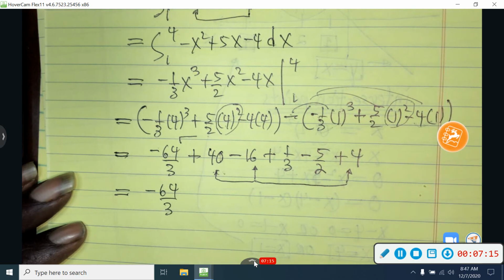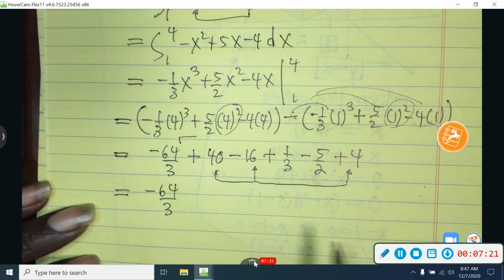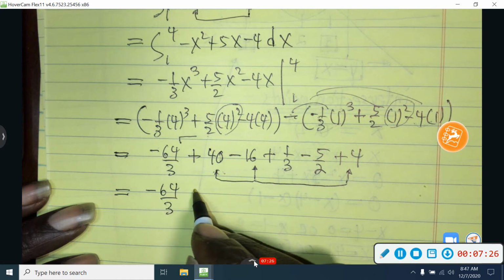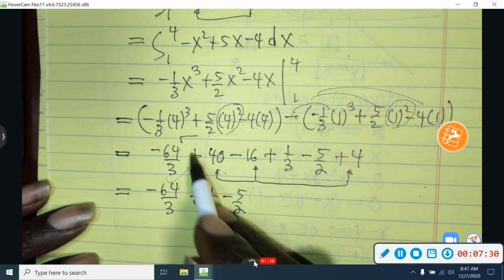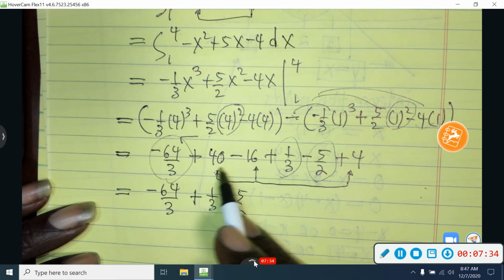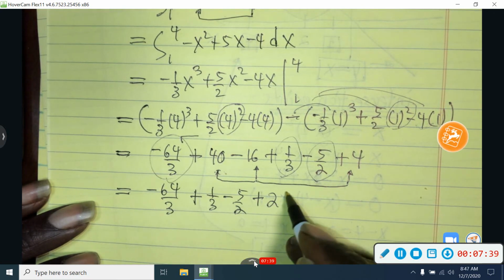Here we get 40 minus 16 is 24, and then the 4 makes 28. Let's put the fractions together though. Here are the 3 fractions. Just put them in front. And then 40 minus 16 is 24, and 4 is 28. So you end up there.